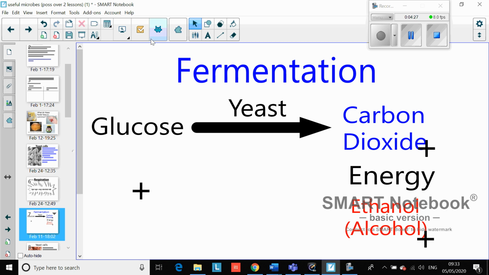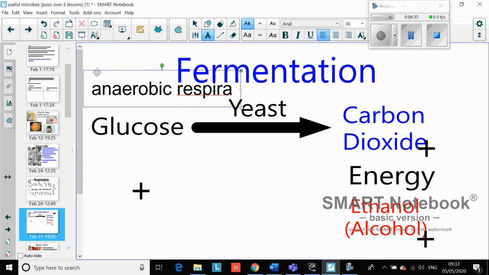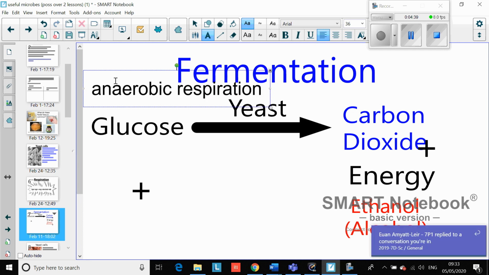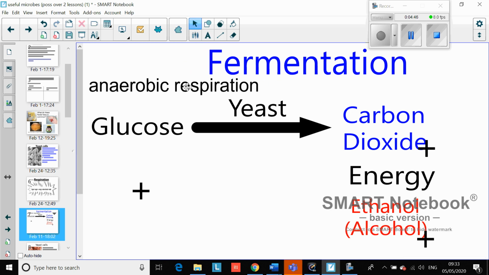Okay, so this is called anaerobic respiration, commonly known as fermentation. And this is the process we use to make things like beer and wine.